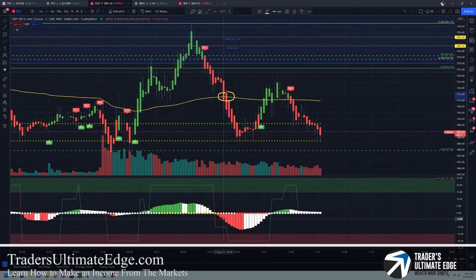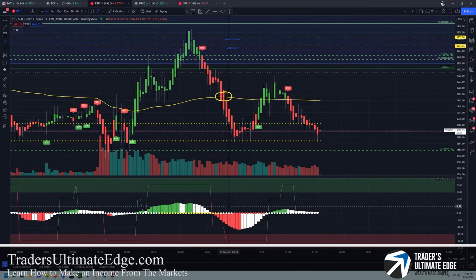So as we have these bars pushing down right here, note these bars continue to push down like this, even as we bump up and then continue down. They didn't really falter, they just kept going down. So that's a sign of the trend strength strongly changing.